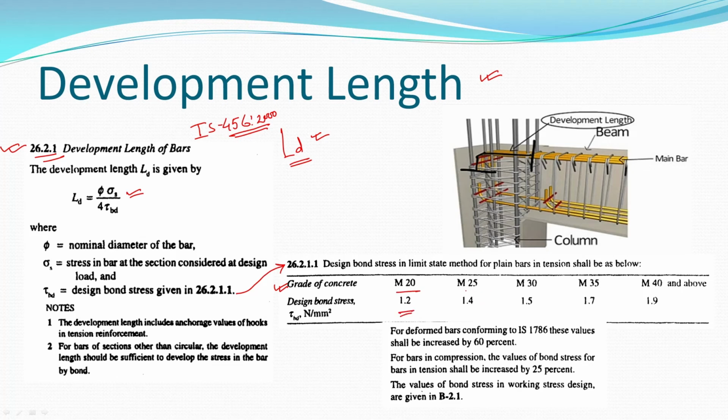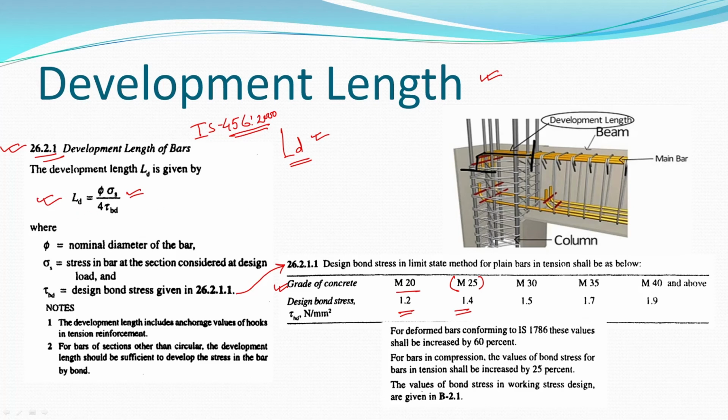Similarly for other grades of concrete you can see the value of the design bond stress is given. So we just need to select the value of tau BD with respect to the grade of concrete. Suppose I am considering M25, so we need to put the value 1.4, and phi is the nominal diameter of the bar, and sigma s is the stress in the bar at the section considered at design load. Similarly I can get the value of development length, that is LD.